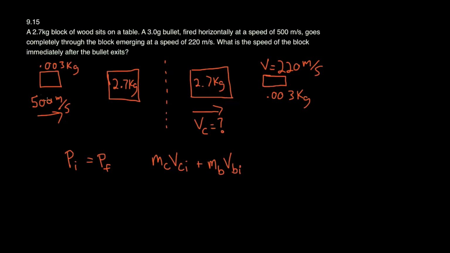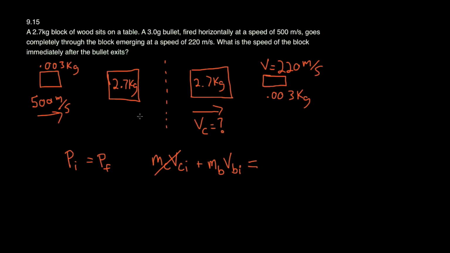And so all this is just the first part, right? You'll notice that this block isn't moving, so this whole term right here just goes away. And then we have the mass of the bullet times the velocity of the bullet initial. And so we're given those.